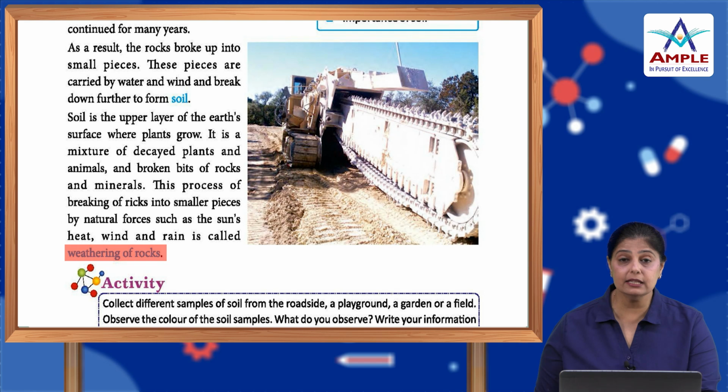So soil contains the decayed parts of plants, decayed parts of animals, and also rocks and minerals. This process of breaking of rocks into smaller pieces by natural forces such as the sun's heat, wind and rain is called the weathering of rocks.